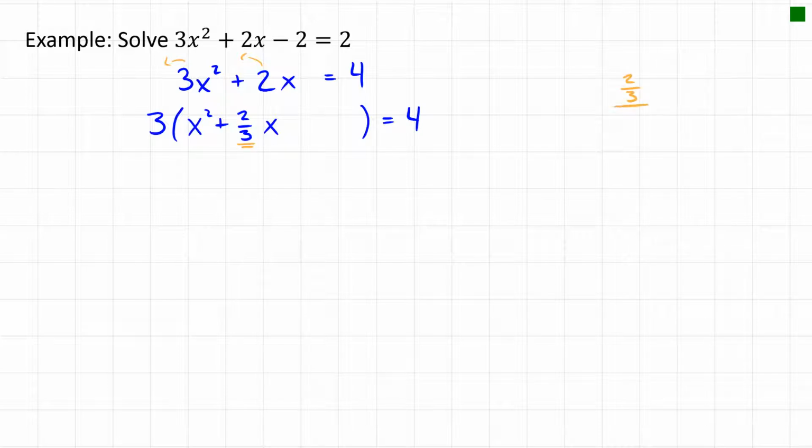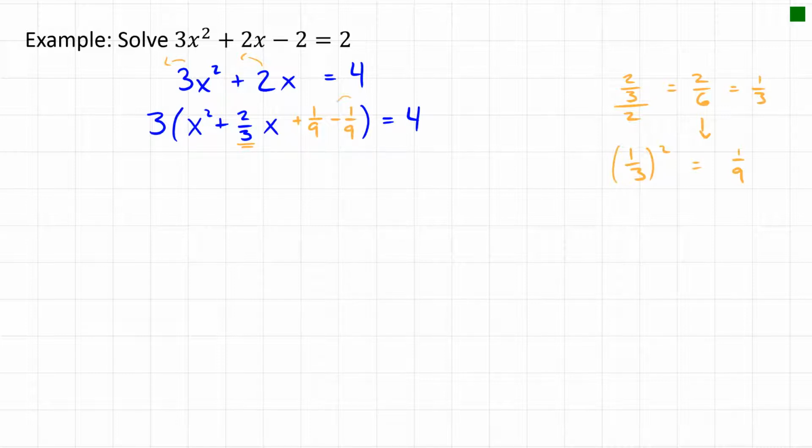So we have 2/3 divided by 2. 2/3 divided by 2 is 2 over 6, which we can simplify as 1/3. So 1/3 is half of 2/3, and that makes sense. And then we're going to square it, and we get 1/9. So 1/9 is what we have to add and then take away.